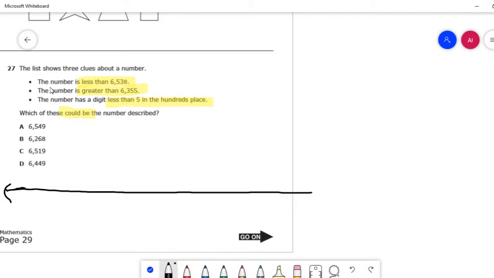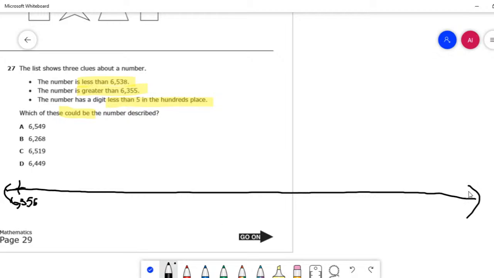Just gonna draw a nice long number line here. Just like that. And then we can say that our smallest number is 6,355 as given to us in the clues. I'm going to write these small.